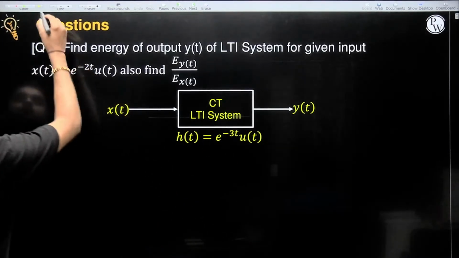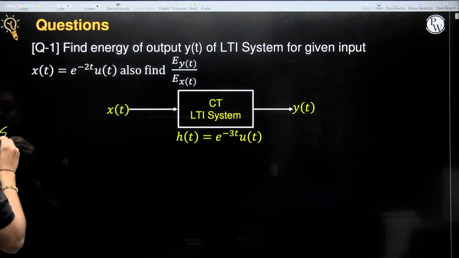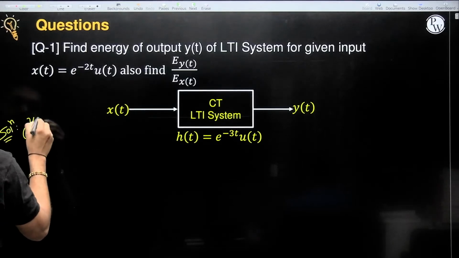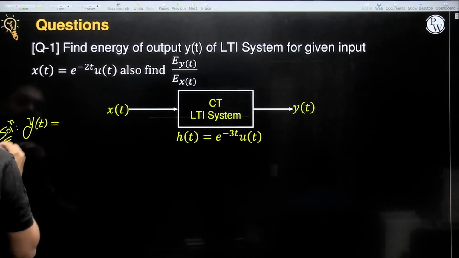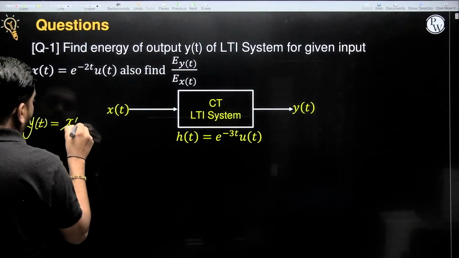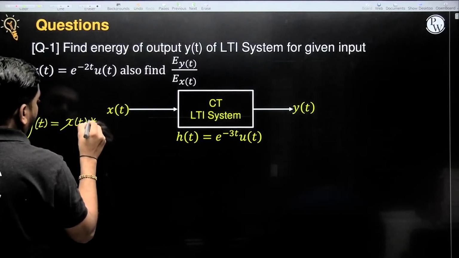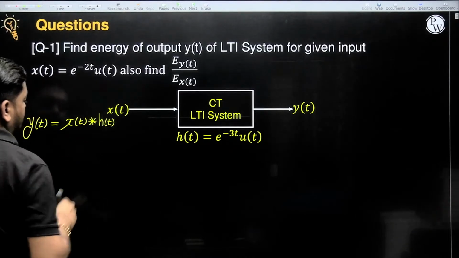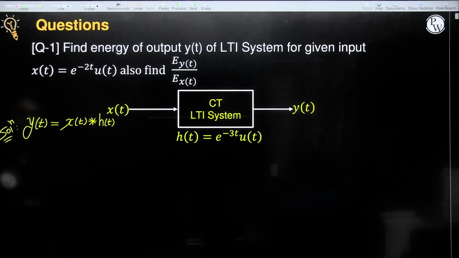So how to find the output? The output is given by the convolution between the input signal and the impulse response. So y of t is x of t convolution with h of t.